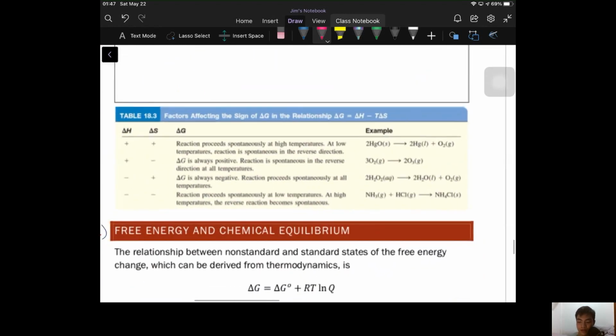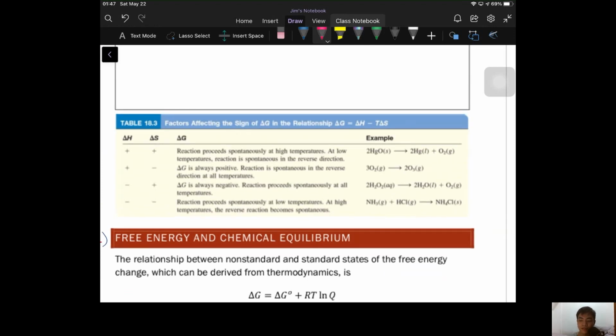So, ayan. Let's go back to delta G equals delta H minus T delta S. Okay? So, there are several factors that could result to spontaneity of a reaction. Okay, so suppose you have a positive delta H and a positive delta S. Okay, so if this is positive and this is positive, kailan magiging spontaneous yung reaction?